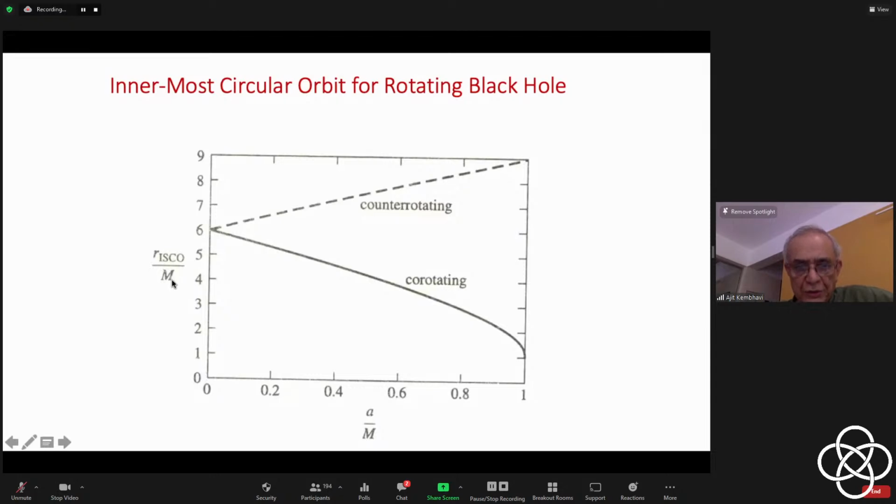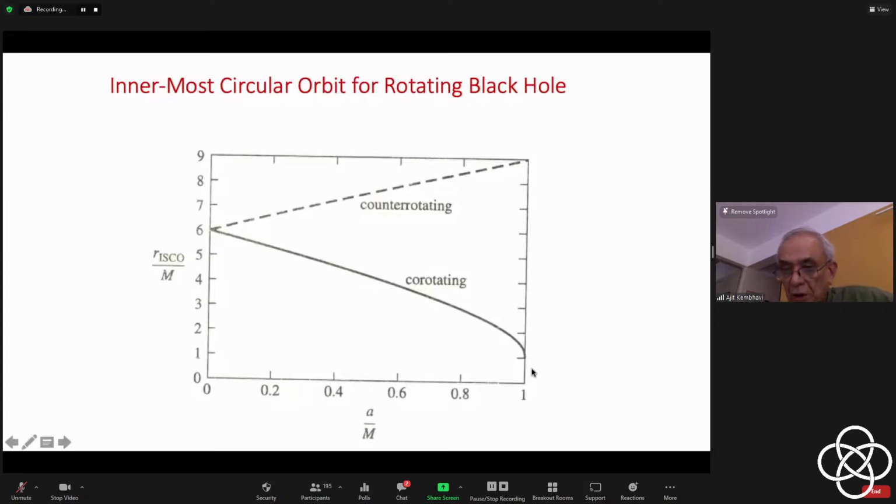R ISCO is 6M, which is equal to 3 times the Schwarzschild radius. Right? But as you go on increasing A towards its maximal value, I told you that A by M can maximally be 1.